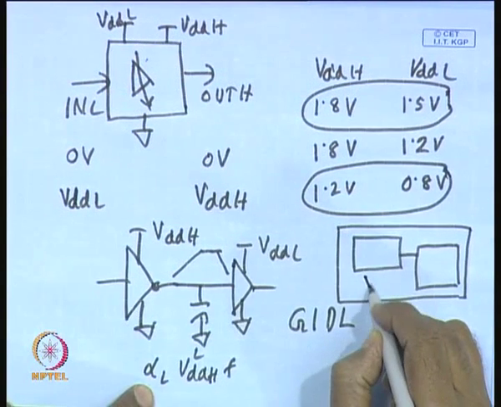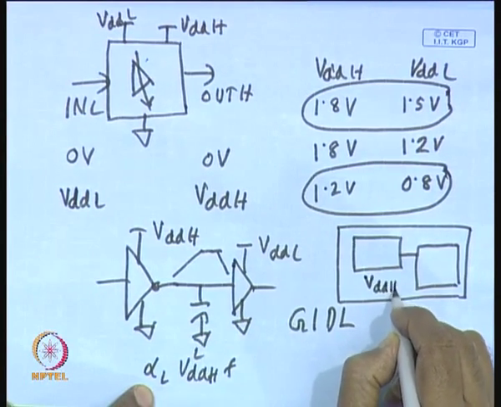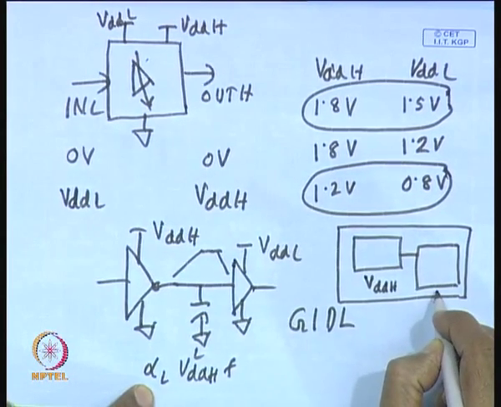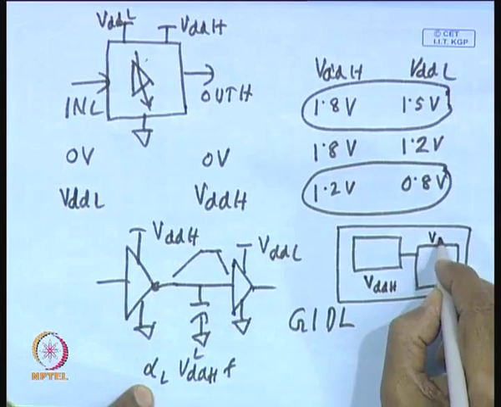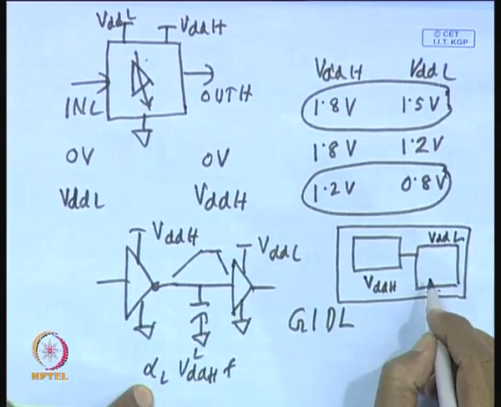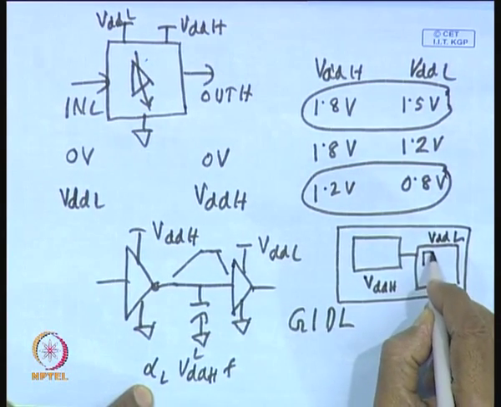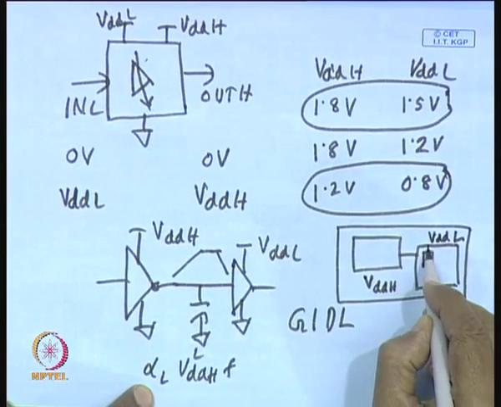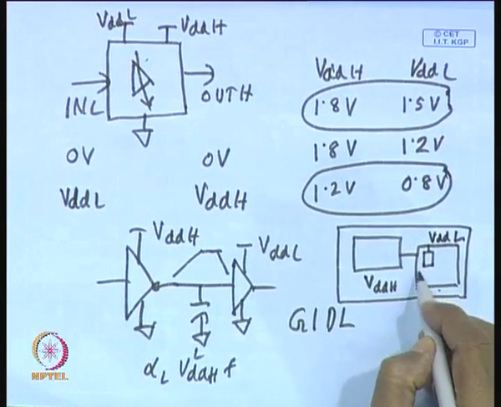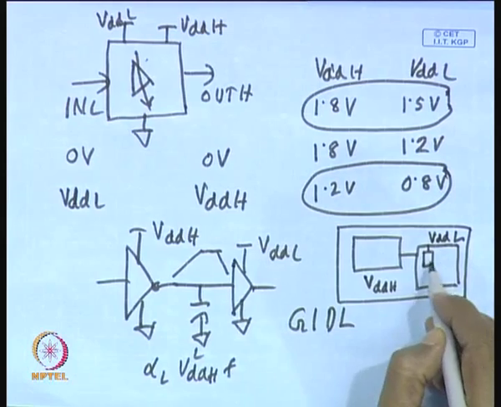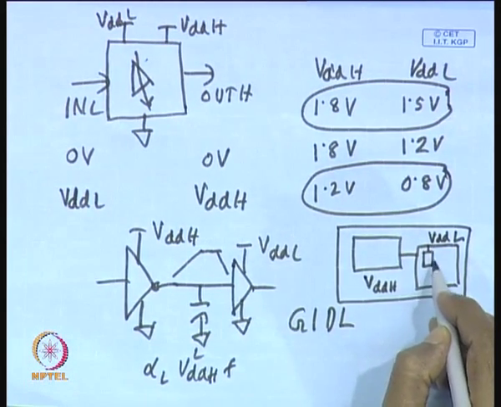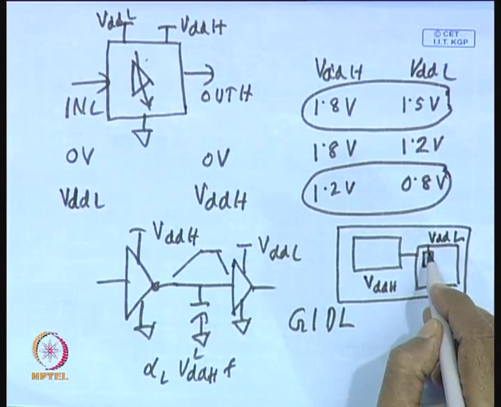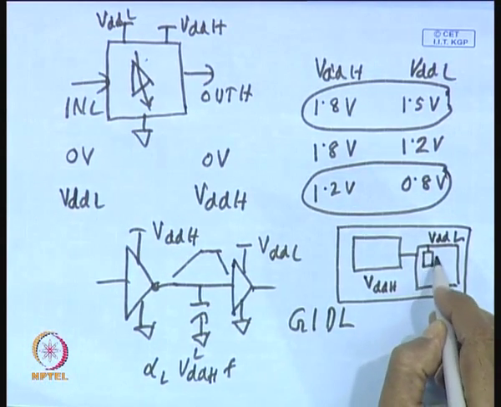Suppose this is the VDD H domain and this is the VDD L domain. It is more beneficial to place it in the low domain because the supply voltage rail is reaching the low voltage domain in any case. There will be no need to connect a low voltage power line for this level converter.